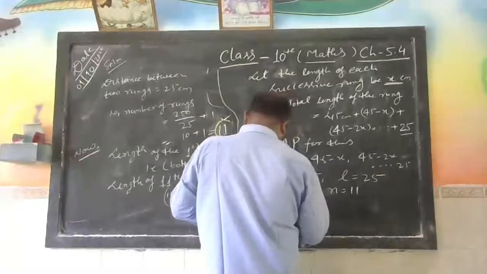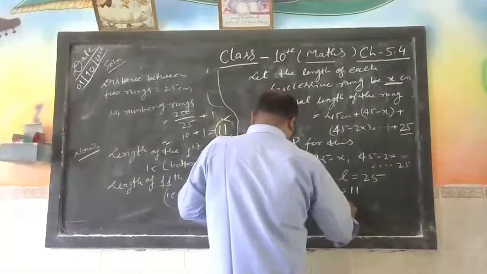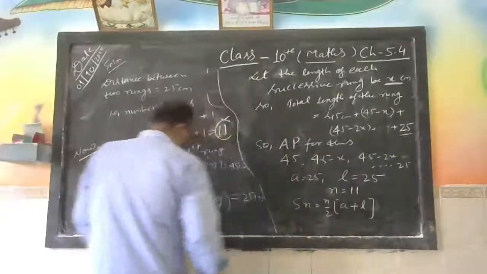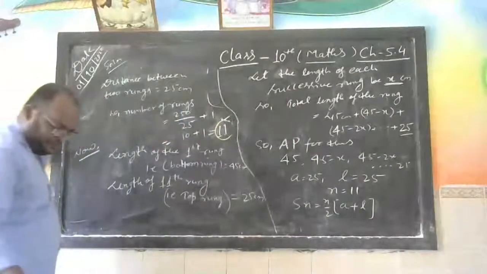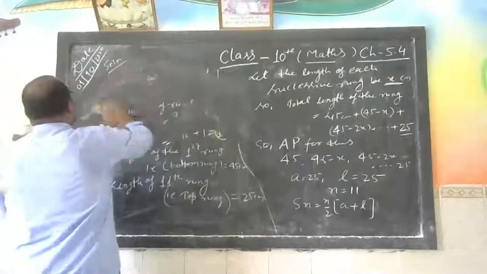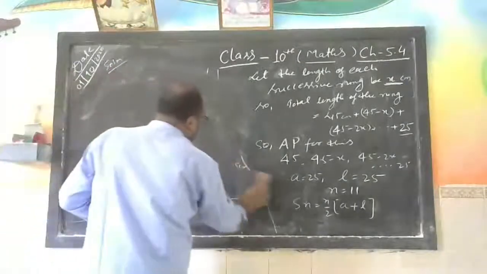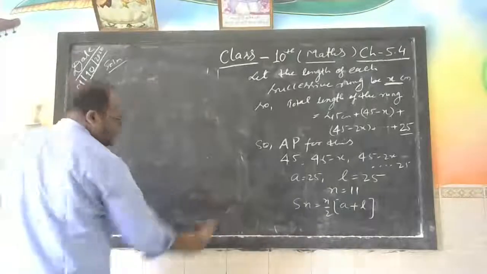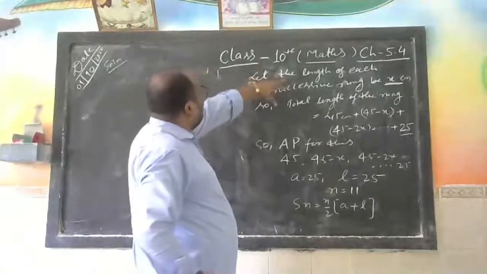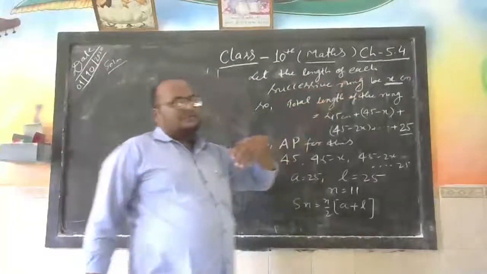Now use the sum formula, S N is equal to N by 2 into A plus L. Just we are considering the length of each successive rung be x.